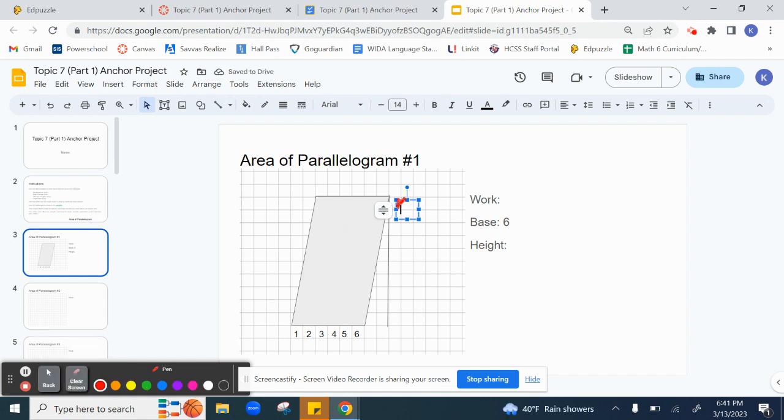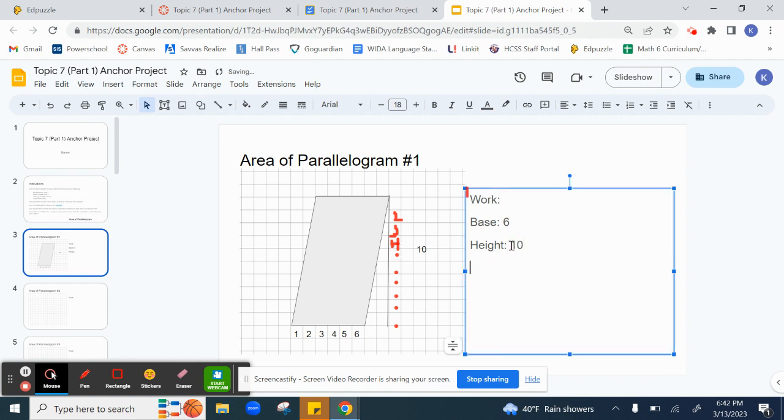Oh, I can. 1, 2, 3, 4. And I'm not going to write out the numbers because it's just going to get too messy. 5, 6, 7, 8, 9, 10 total. All right, so our height is a total of 10 units.